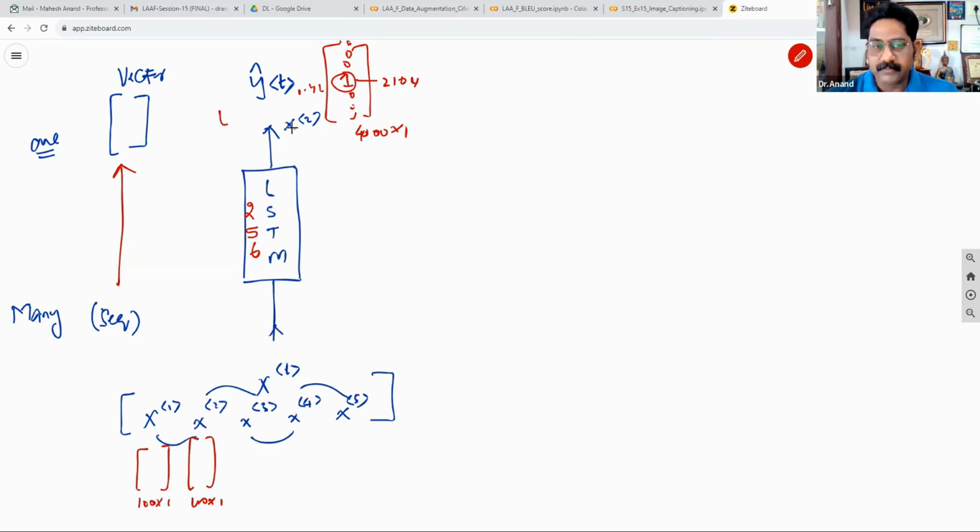It is a summation, from the first token till Tx, the number of tokens fed in the input. So you have to sum this loss. Once the entire sequence is presented, the total loss is computed, and based on the total gradient of the error, we adjust the weights, the same backpropagation.